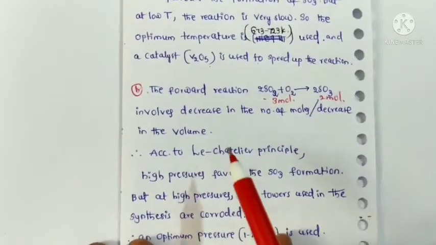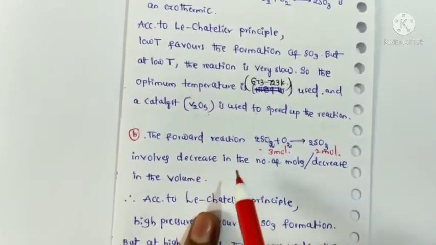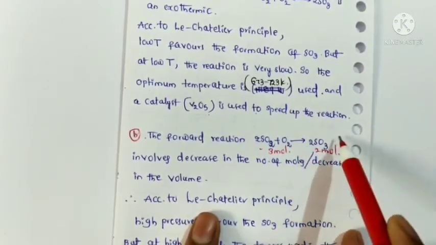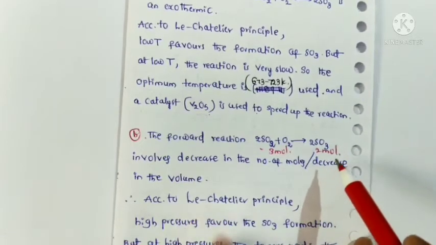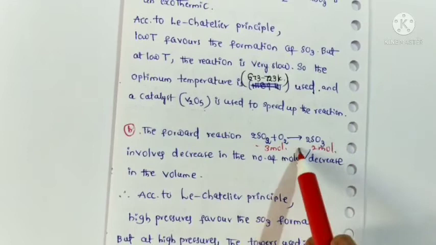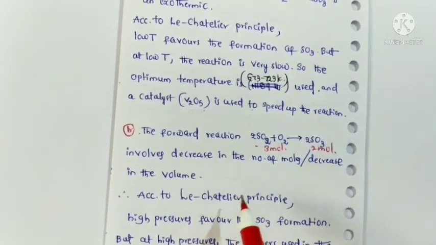Next, pressure. The forward reaction involves a decrease in the number of moles, or a decrease in volume. So if the pressure increases, the equilibrium will shift toward the production of sulfur trioxide.